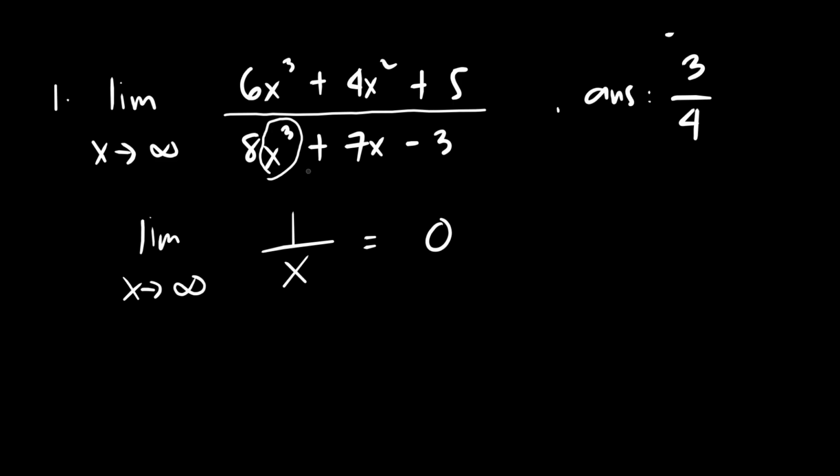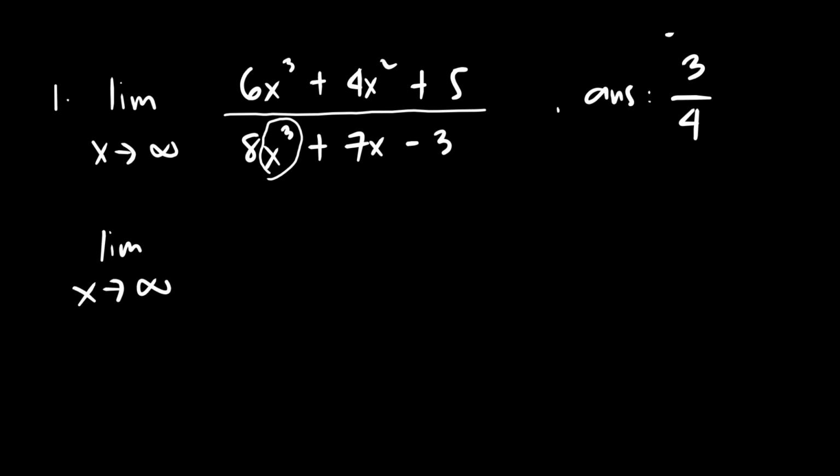x cubed. So to solve this one, we'll just divide both the numerator and the denominator by the bigger exponent on the denominator.